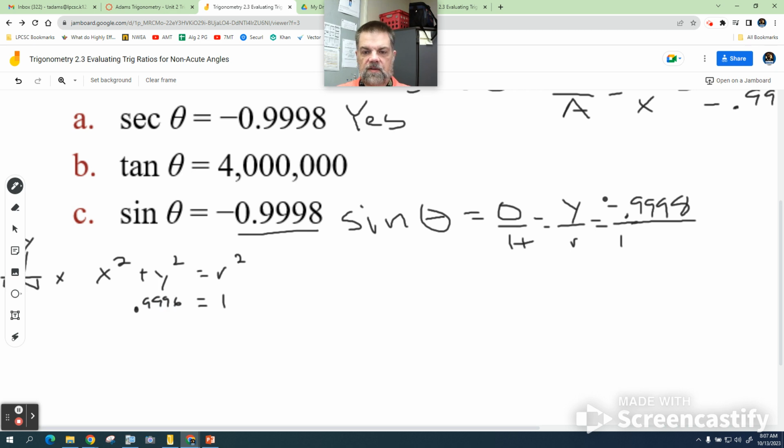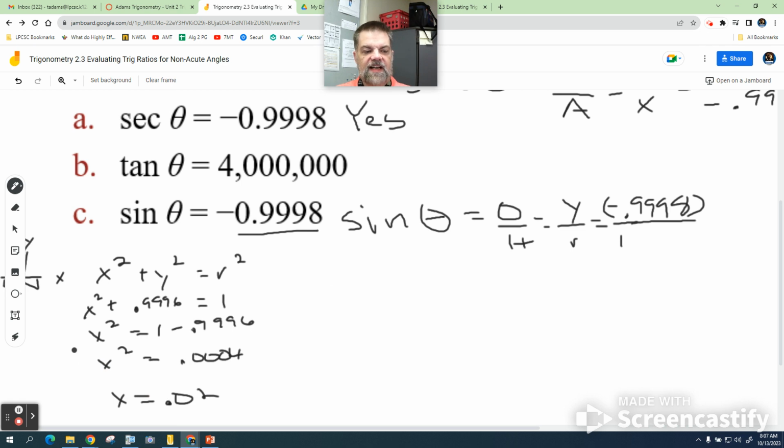Because you're going to end up squaring this value, and you have x squared. And so then you have x squared is equal to 1 minus 0.9996. And so then x squared ends up becoming 0.0004. And then when you take the square root of both sides, you get 0.02.